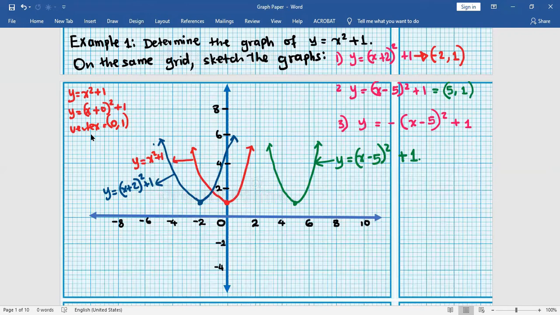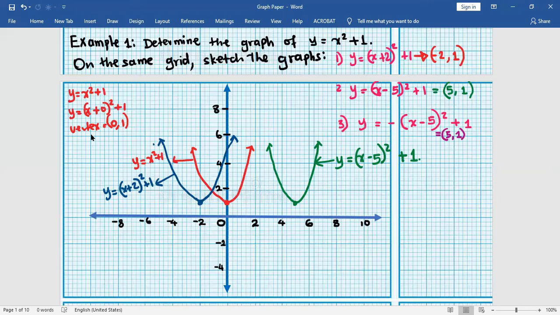Since the coefficient of x squared is minus, it means that it will be downward opening. And the vertex will be (5, 1). So it is actually the same as number 2, but the difference is that this one will be downward opening.